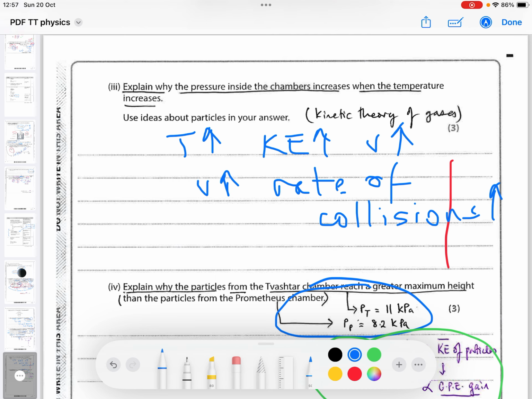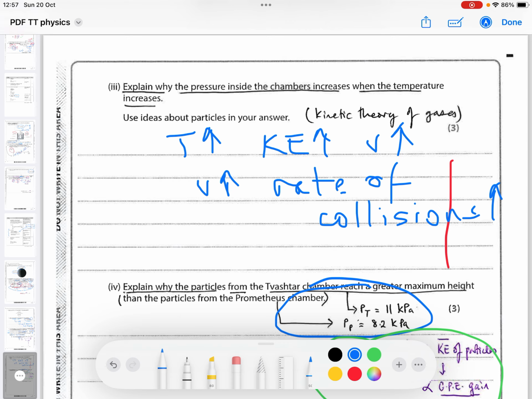So this is a more complicated question. At first, they want you to explain in the previous page how pressure is produced by collisions of particles. And now they want you to work out why it increases when the temperature increases, and that's because the rate of collisions increases. So you're going to have more forces involved per unit time.